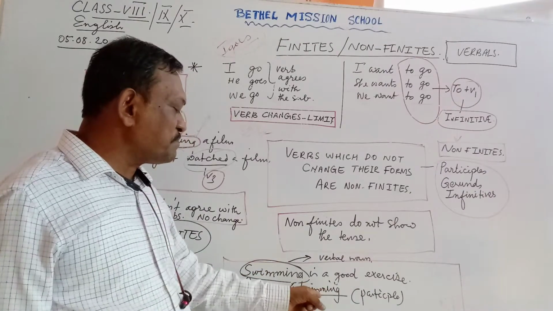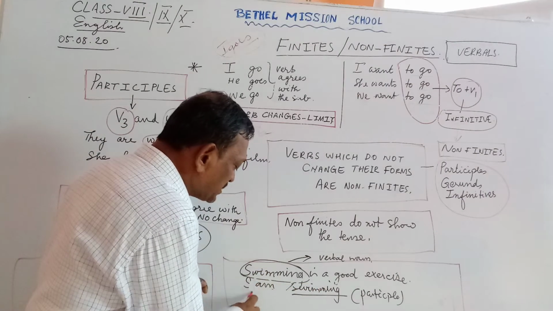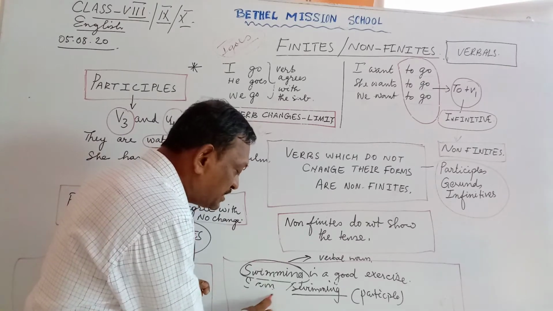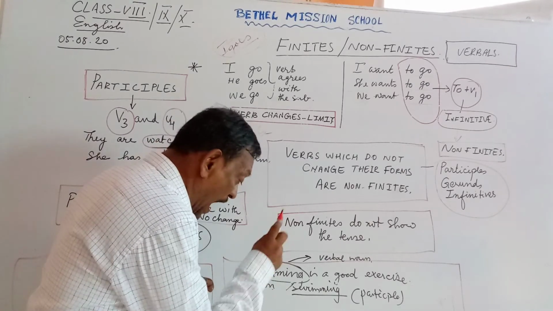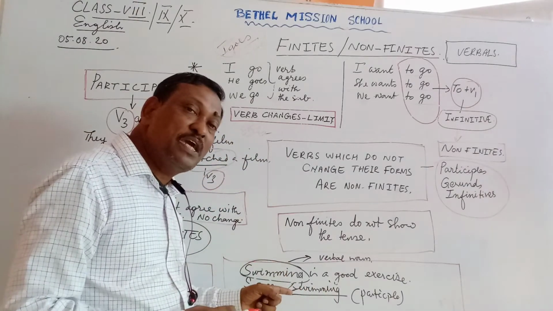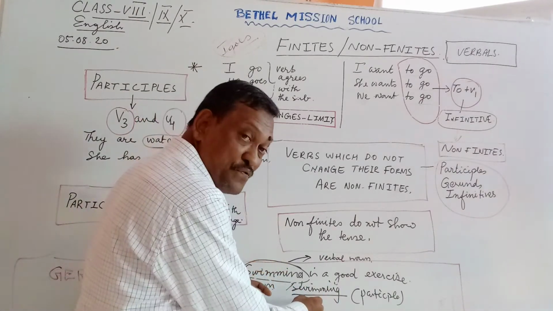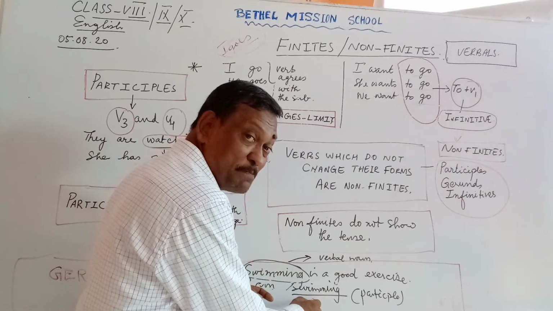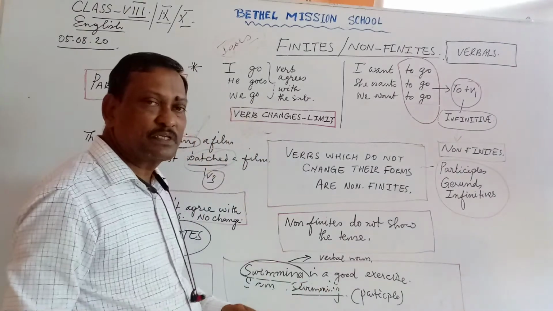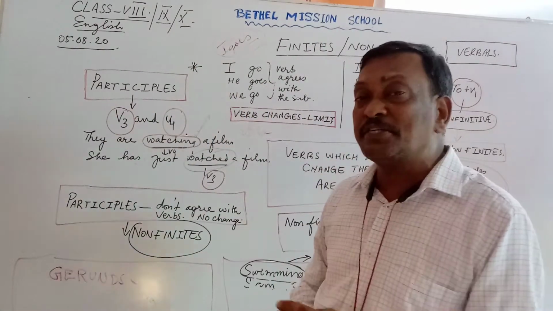I am swimming. So am is a finite verb because am always limits itself to I. So am is a finite verb and swimming, in I am swimming, is the V4 form of swim, that is the present participle. How can I say that it is a participle?